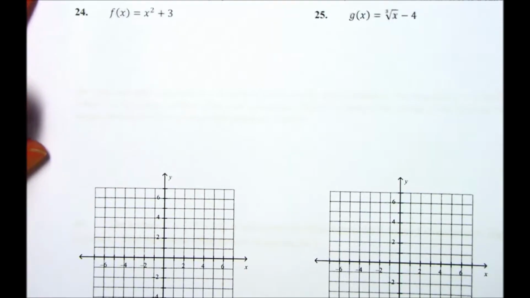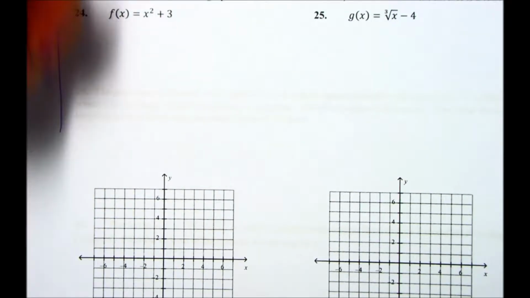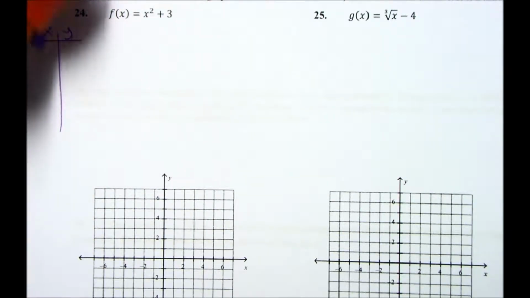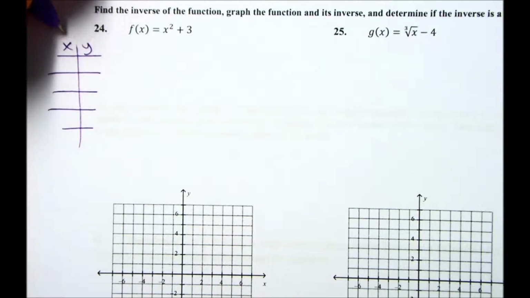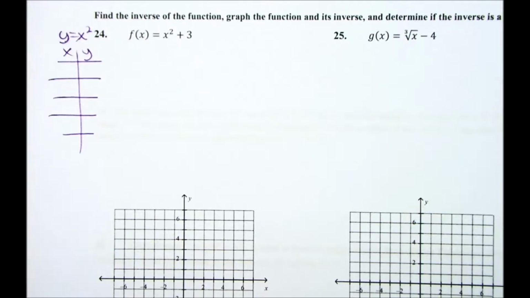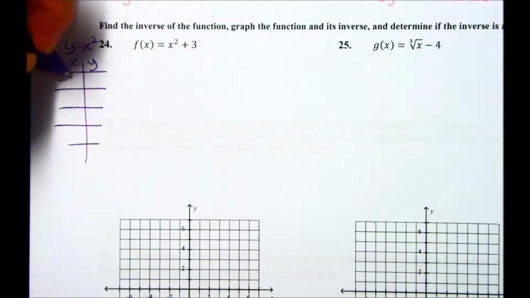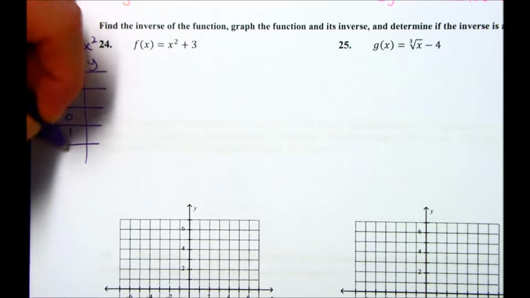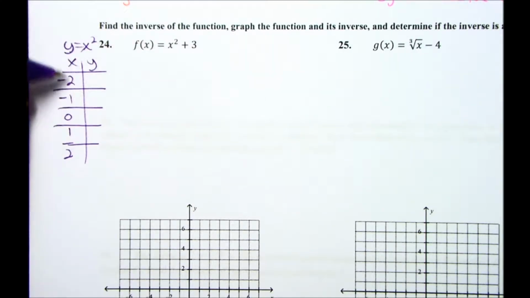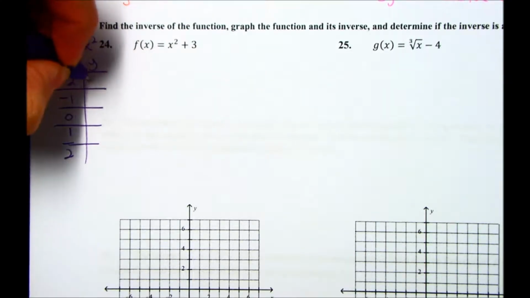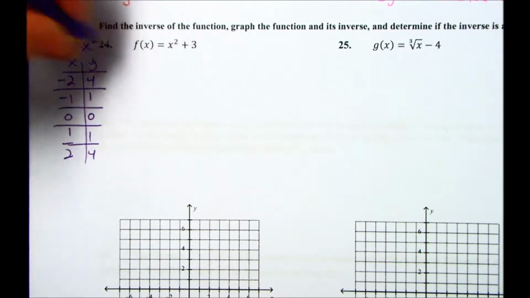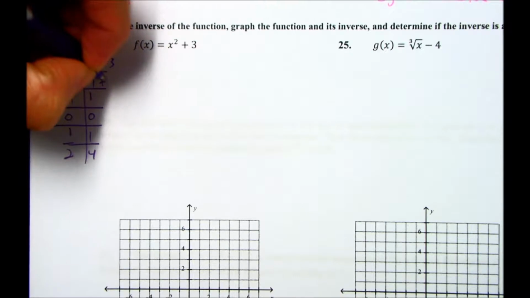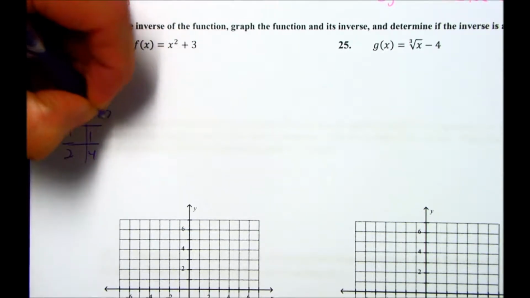If we were to graph that, or even just make a table of values, the parent would be y equals x squared, and your x values -2, -1, 0, 1, and 2. For the parent function, if we squared each of these values, we would get 4, 1, 0, 1, and 4. But because we're going up 3, we would have to add 3 to all of those values.